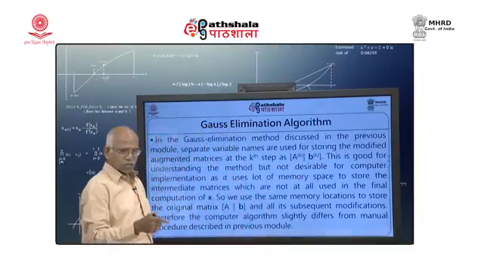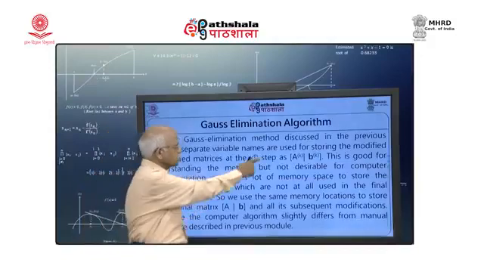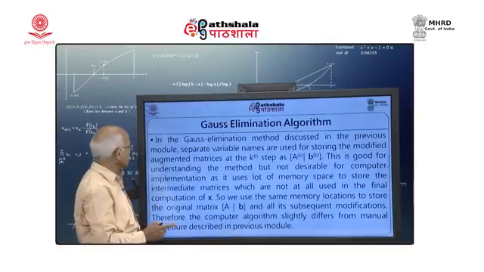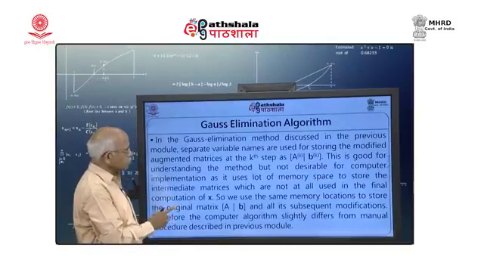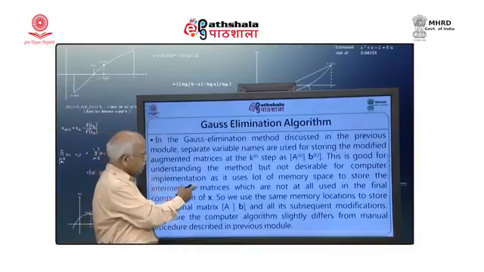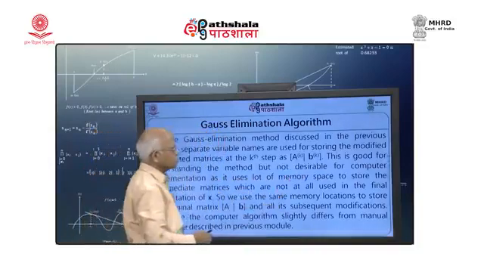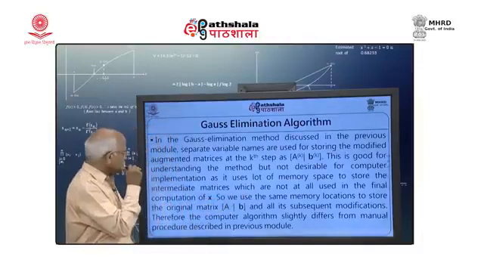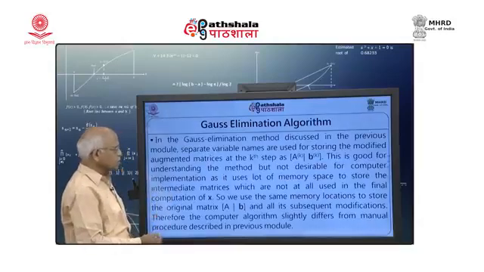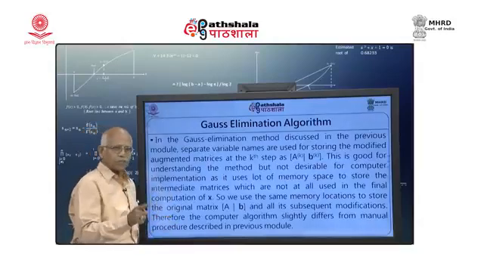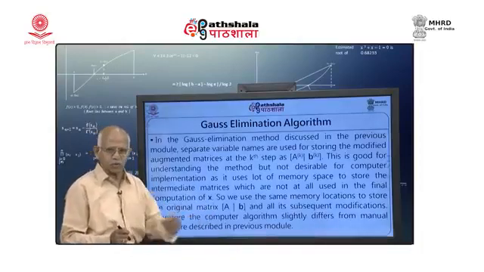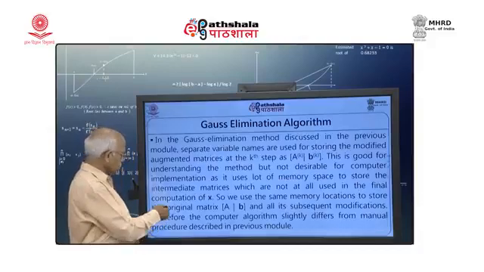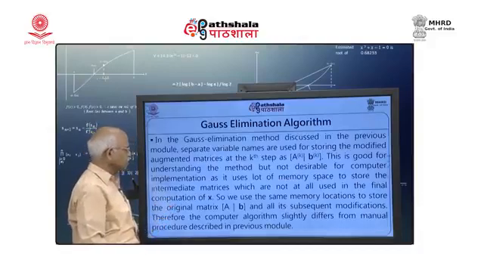In the sense of computer implementation, all these variables will be occupying separate storage space. This is good for understanding the method, but not desirable for computer implementation, as it uses a lot of memory space, because a new variable name will require new space to store the intermediate matrices, which are not at all used in the final computation. In the final computation, we are using only A_n minus 1 and b_n minus 1. We are not using all the intermediate matrices, and therefore, for computer implementation this may not be really good.